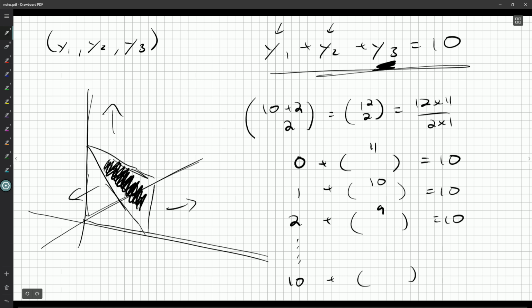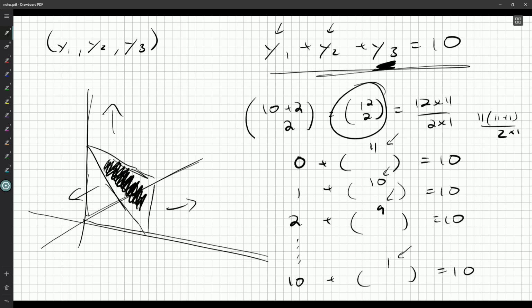There's only going to be one way to have the other numbers add up to 0, both of them being 0. So now we're trying to add up 11 plus 10 plus 9 all the way down to plus 1. Okay? And there's a nice little formula for that. You do 11 times 11 plus 1 all over 2, which is really 2 times 1. And so you can see you get this answer here.